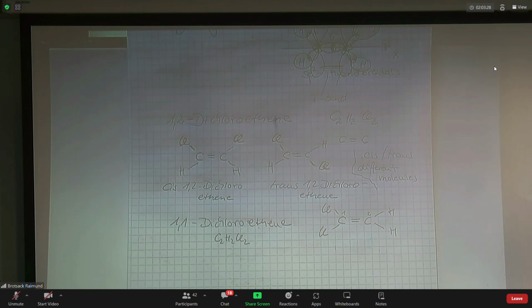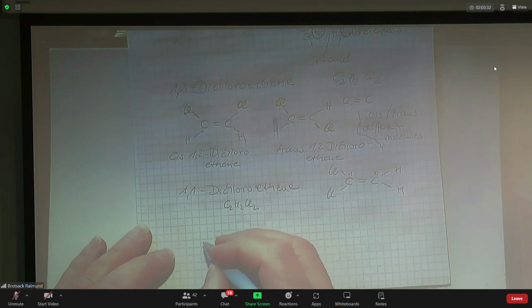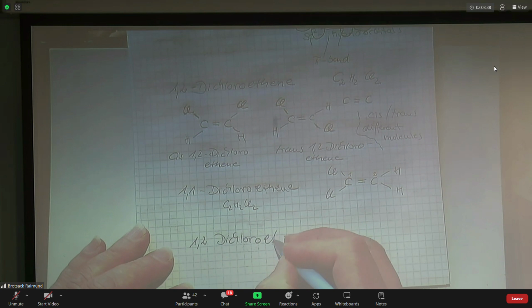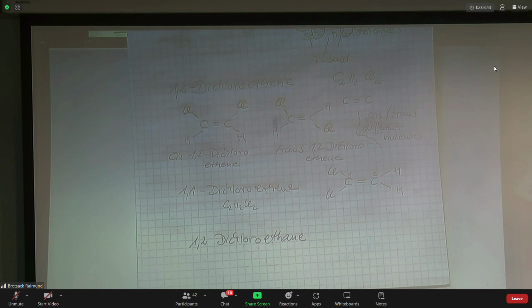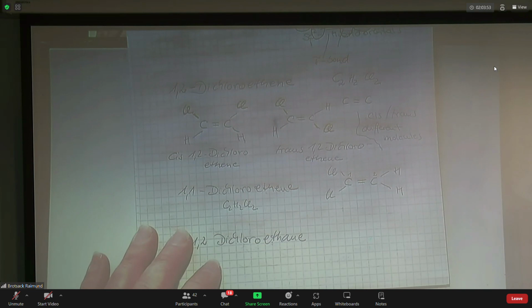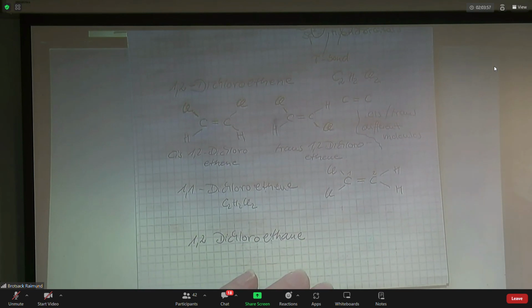What I'd like to talk about, that's the last for now before the break, is 1,2-dichloroethane. Now we do not have a double bond. Ethane is the normal structure, only sp3 hybrid orbitals, only sigma bonds.